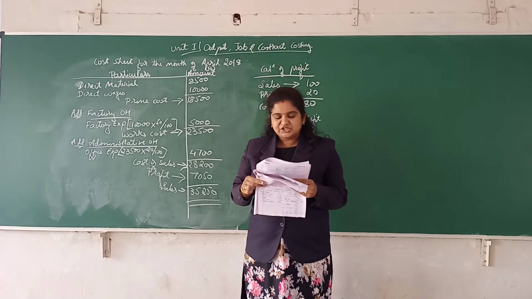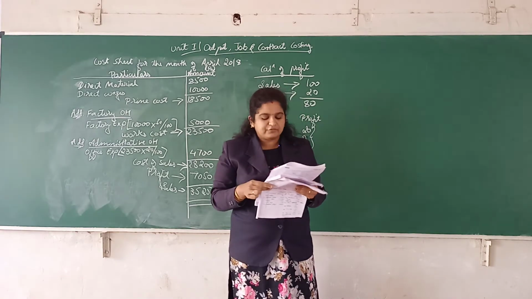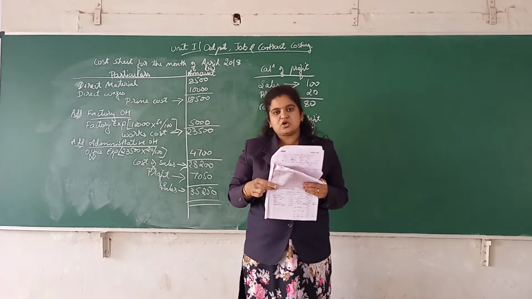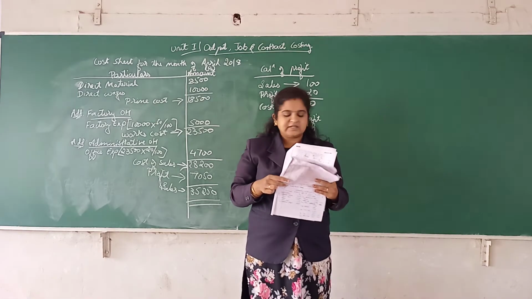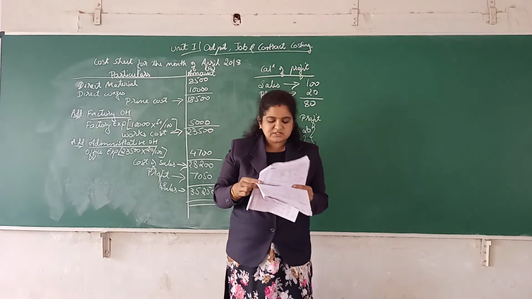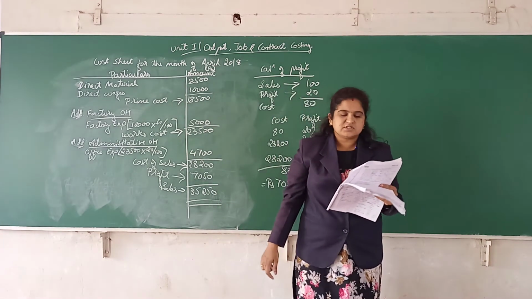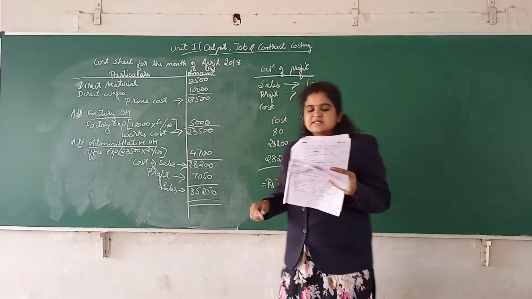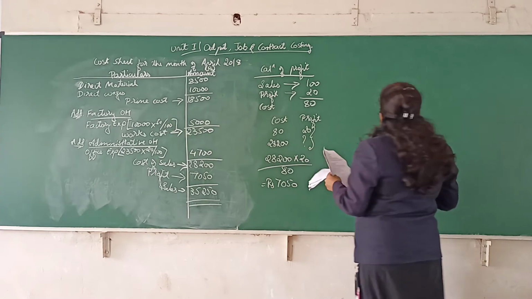Make out quotation for job number 106 with 33 1/3% on cost price. So 33 1/3% on cost price I have told. Now here they have asked us to prepare job cost sheet. Now write down heading Mr. Sanket and company.